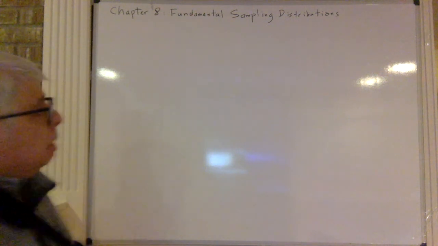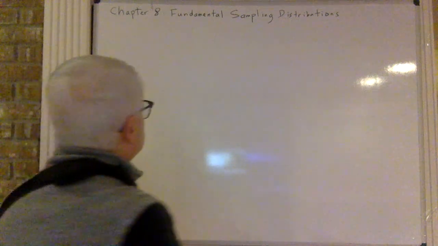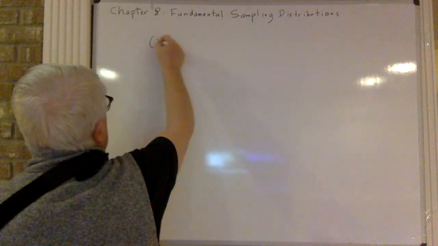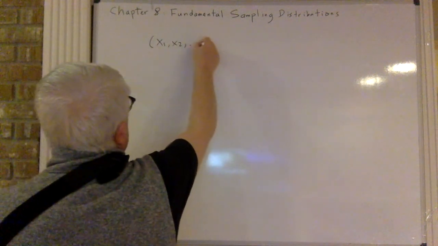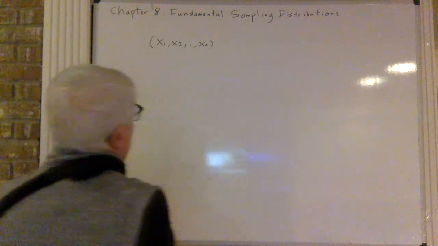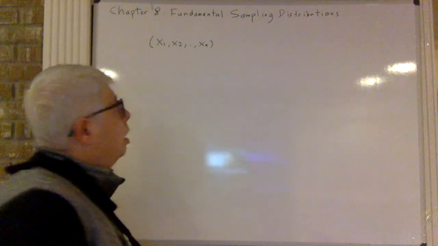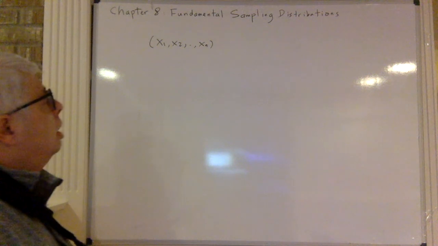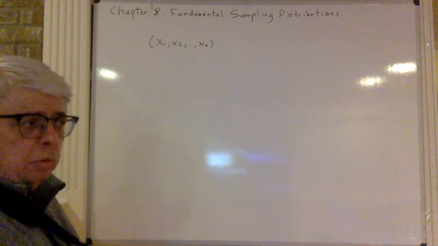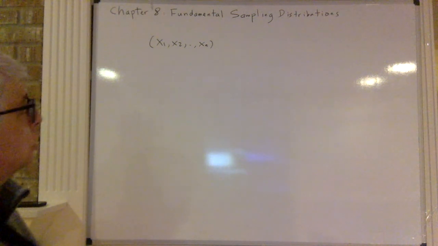So we are given these x's, x1, x2, up to xn. And we want to study this. We want to study x, and we have some copies of x.